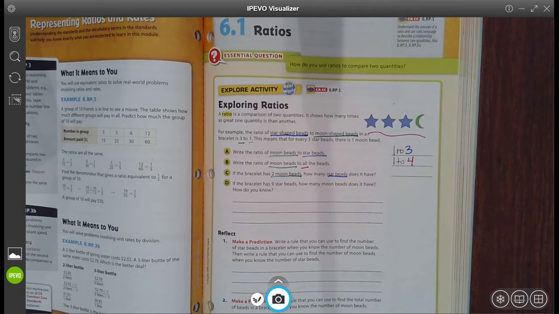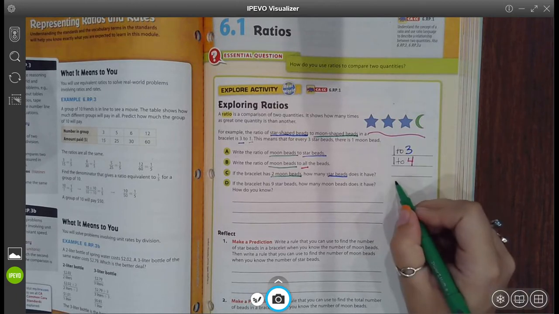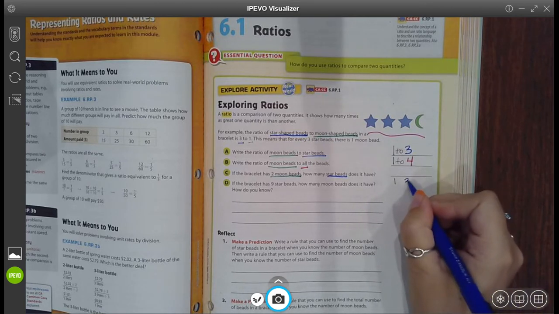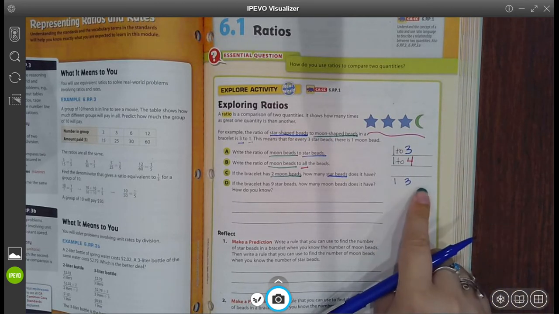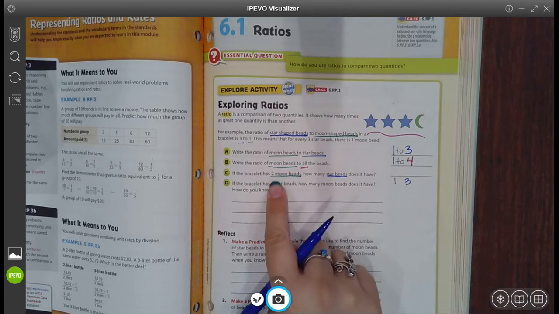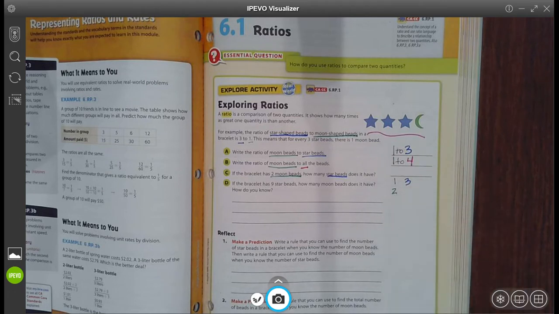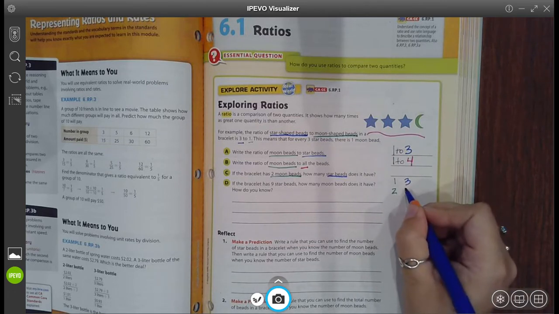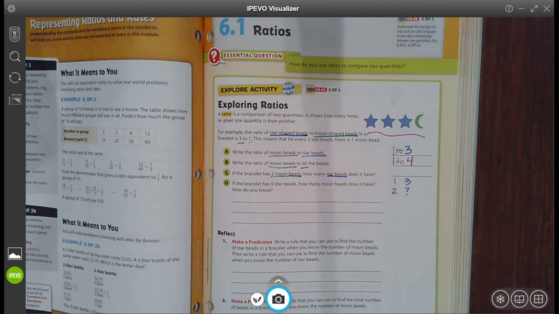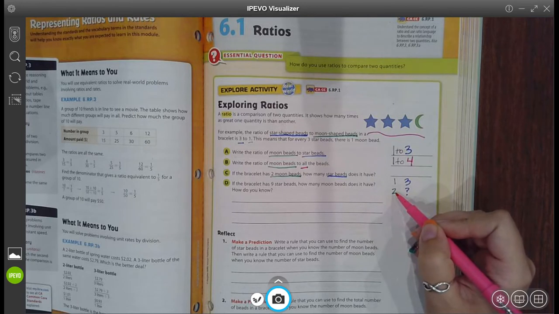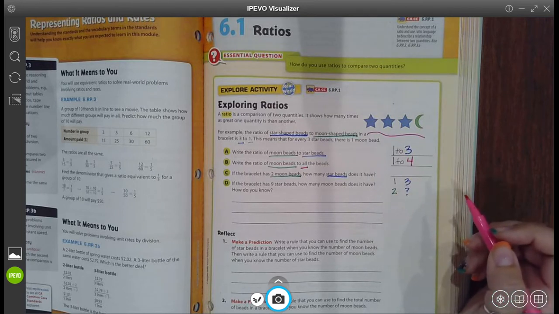Okay, so I know the ratio is 1 to 3 if we're going from moons to stars. Now, they told us that there's 2 moon beads, but I don't know how many star beads that would require. So what did they do to go from 1 to 2? Because remember, a ratio compares the quantity of how many times greater something is.